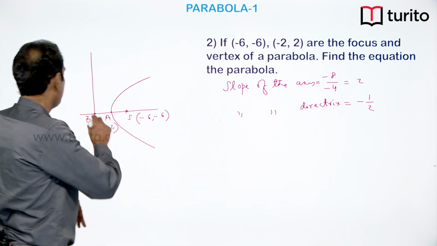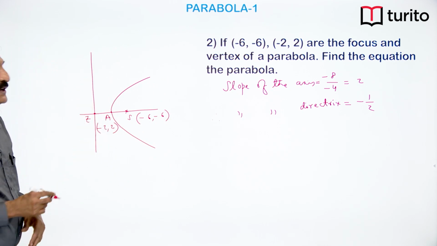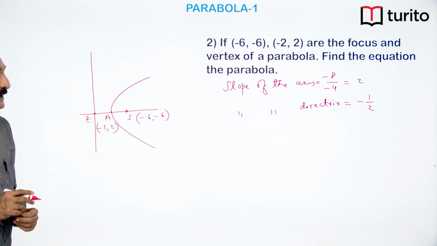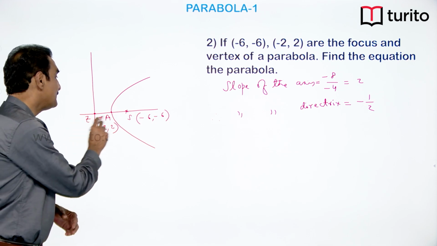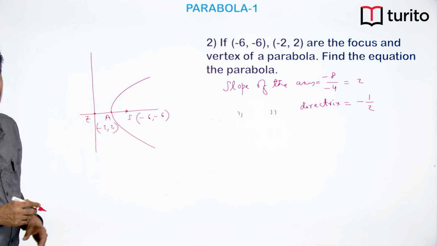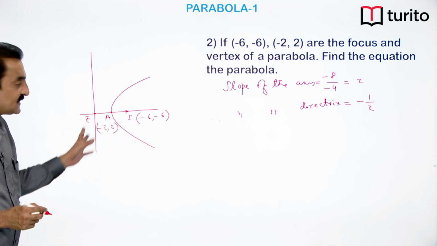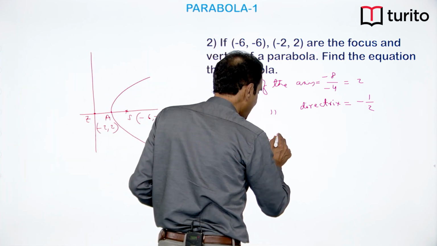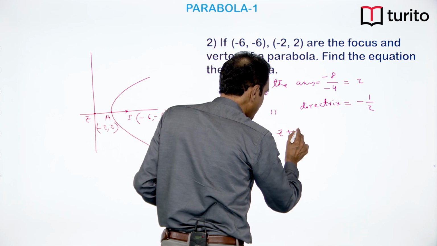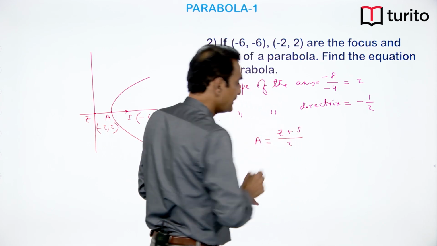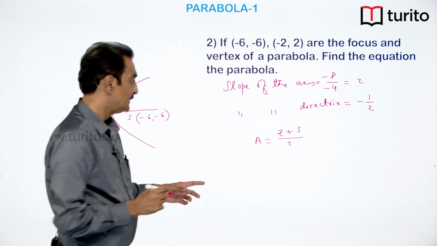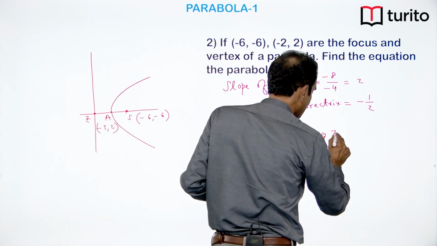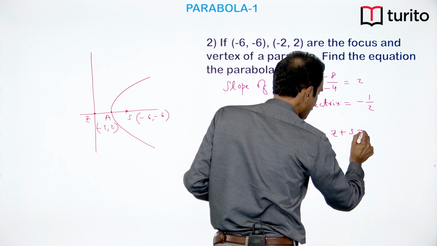Next, for finding the equation of the directrix, you need the point Z. Since A is the midpoint of ZS, A is equal to (Z + S)/2, midpoint formula. Then cross multiplying, we get Z + S = 2A.